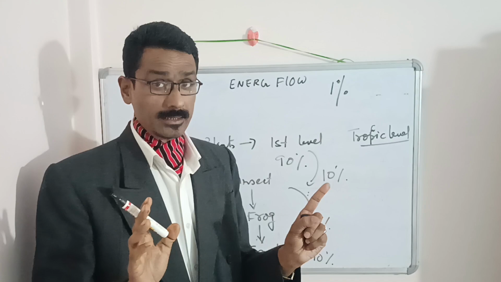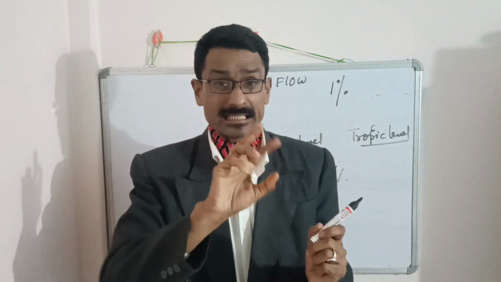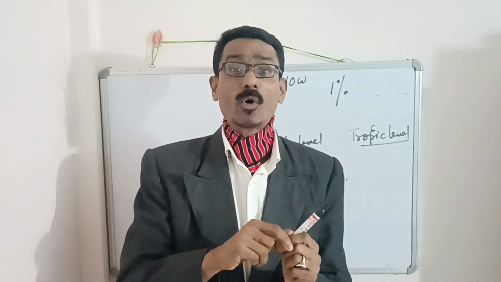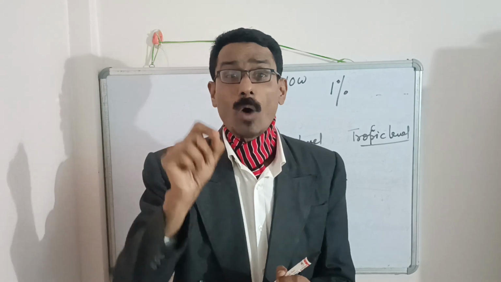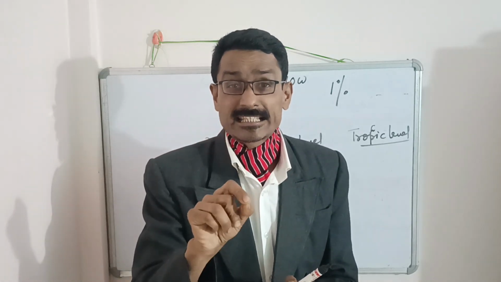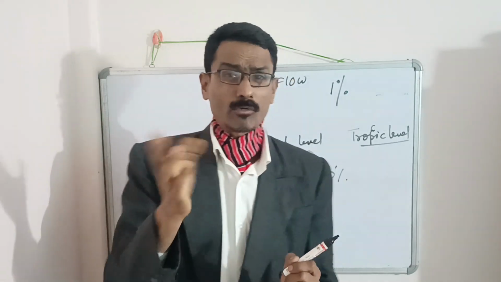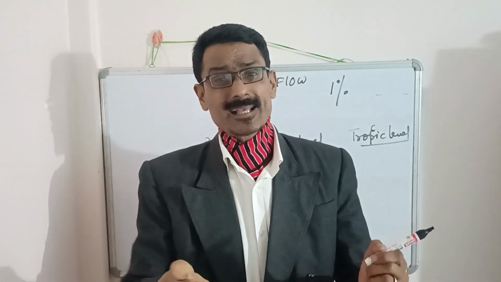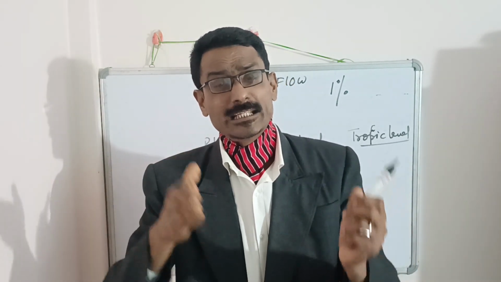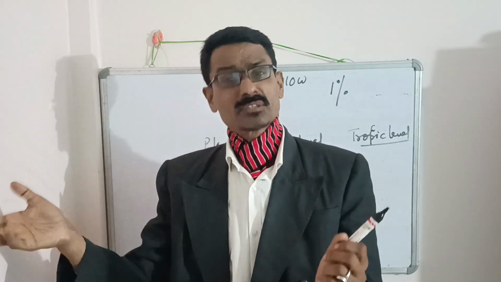Very simple thing. Don't get confused with the 10%, 90%. Somewhere the question may be asked, why is 90% of the energy not transmitted? Or the question may be asked another way: why is only 10% of the energy in a trophic level always transmitted?